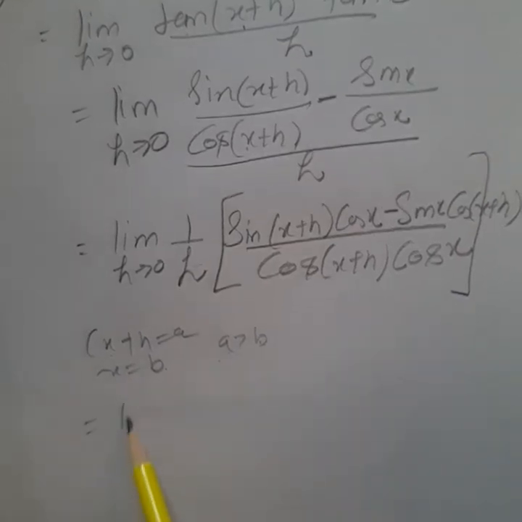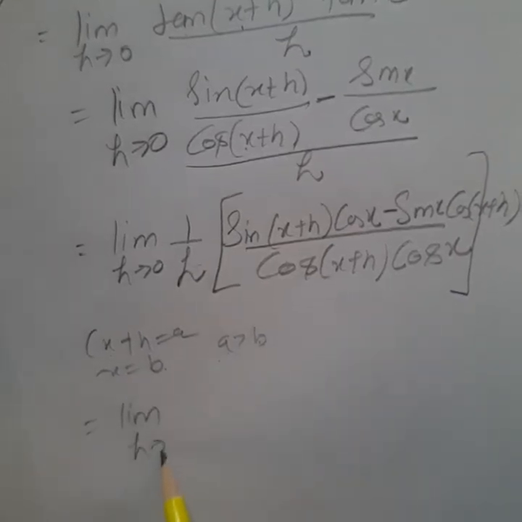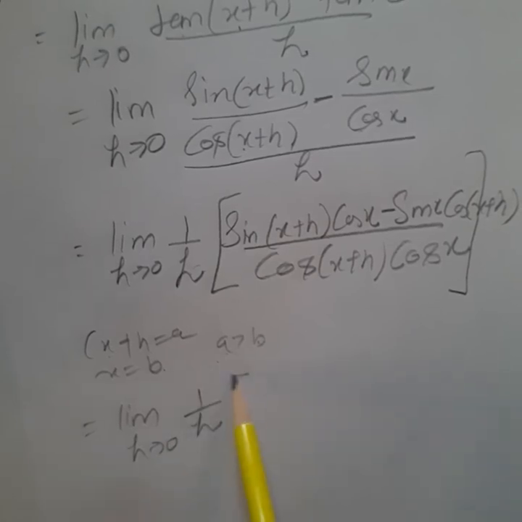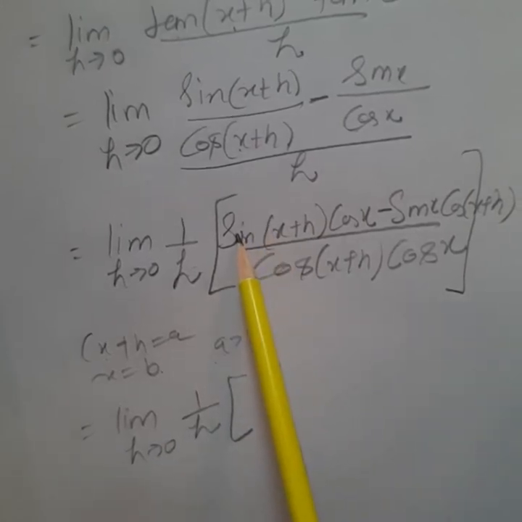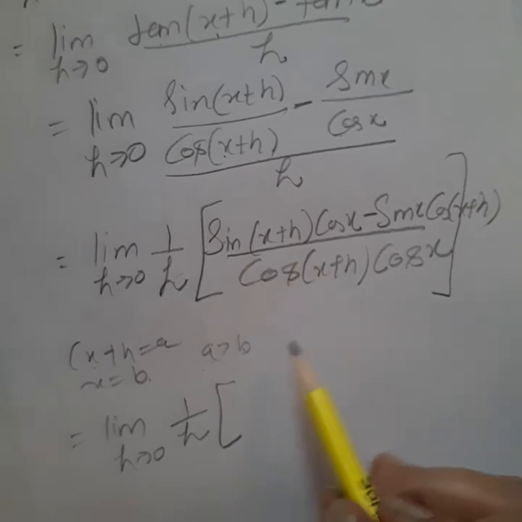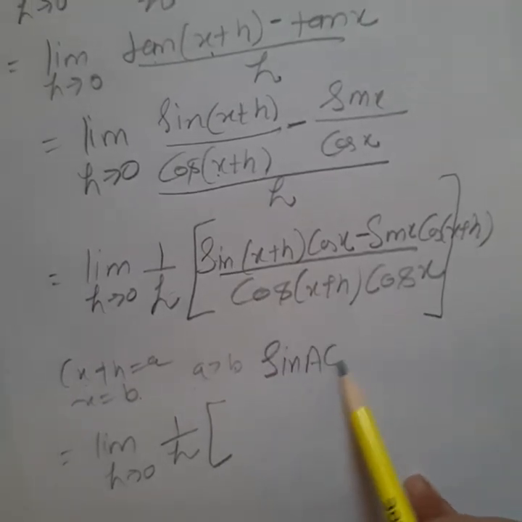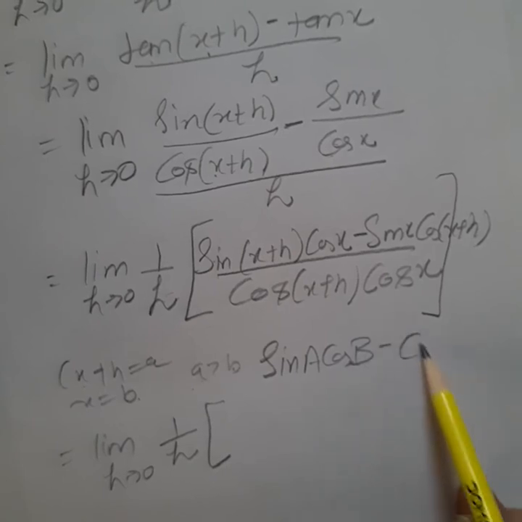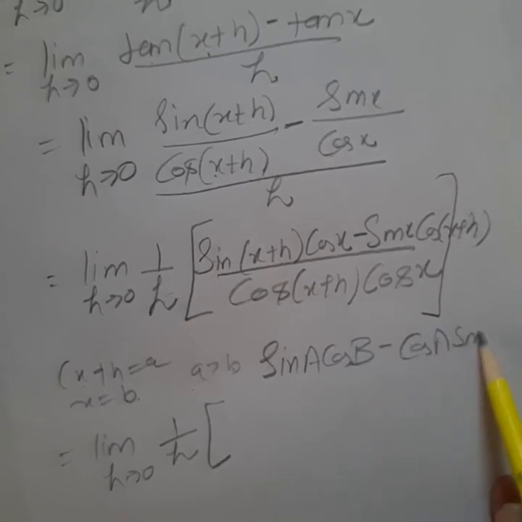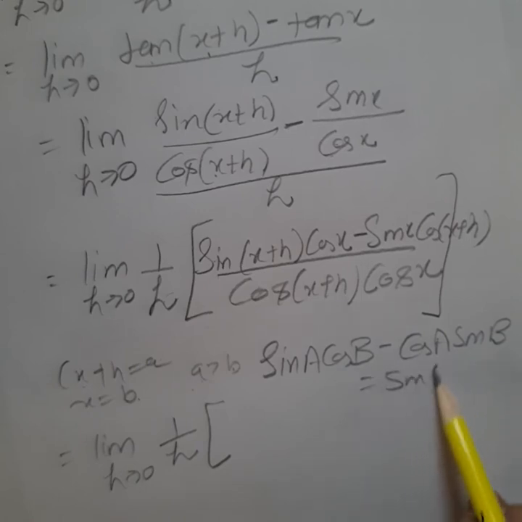Okay, now we want to solve the limit of the function, and to solve it you can write here the formula of sine a cos b minus cos a sine b, that is equal to sine of (a minus b).